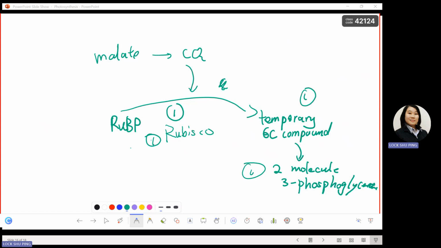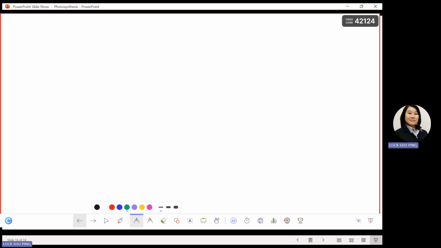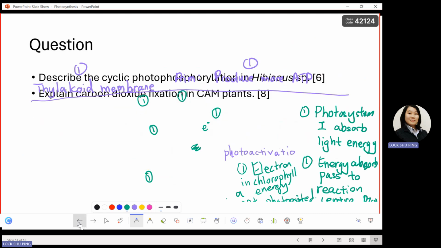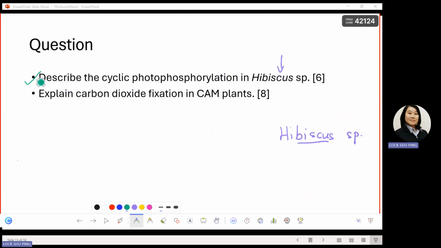Okay, so 1, 2, 3, 4, 4 marks here, adding to the 4 marks, another 4 marks here, 1, 2, 3, 4, 5. So enough for the 9 marks question. So this is how you answer the question relating to question A and also question B. Okay, do we need to actually discuss the whole thing on the CAM cycle?